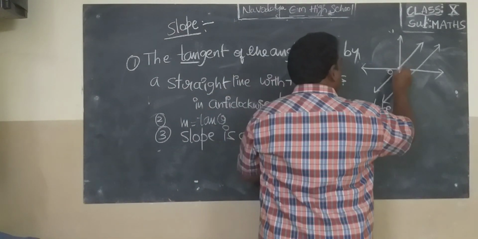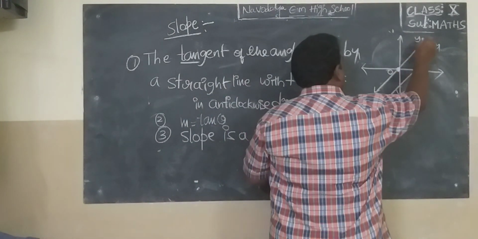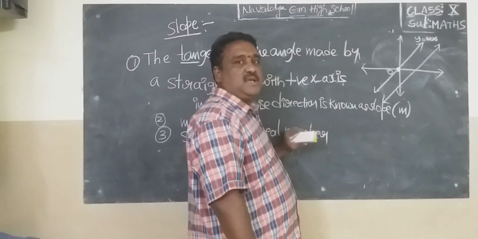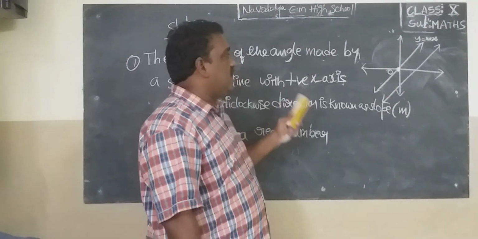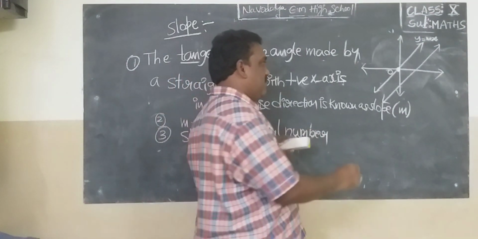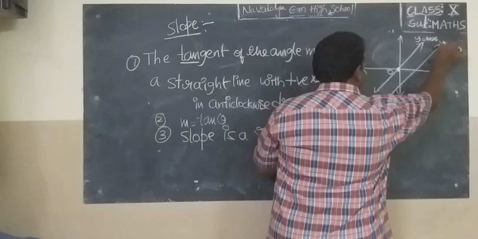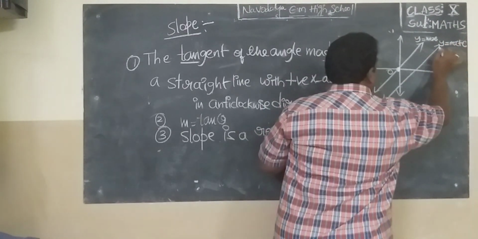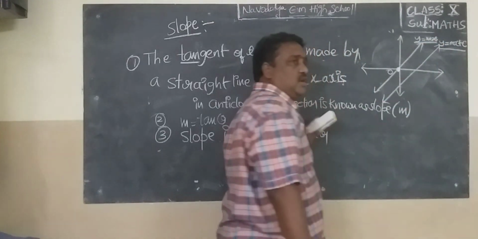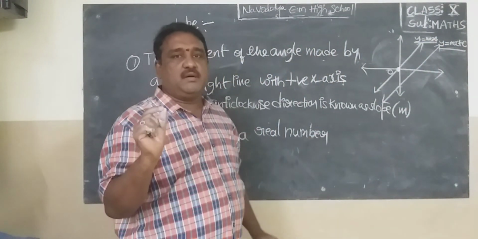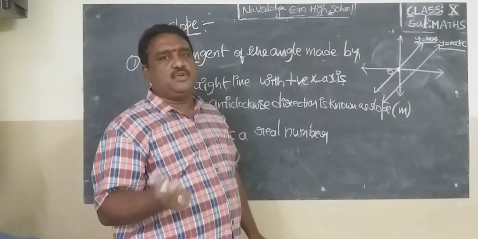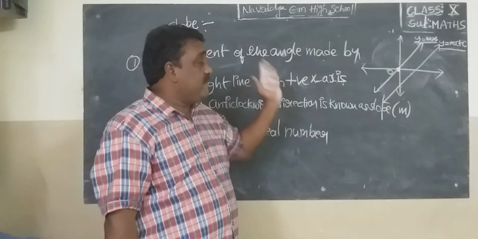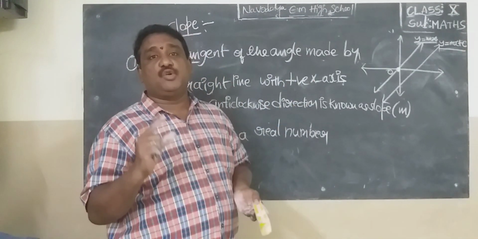The lines which pass through origin are in the form of y equal to mx. The lines which do not pass through origin are in the form of y equal to mx plus c. The two lines in the diagram are parallel to each other because their slopes are equal. The first line passes through origin, the second line does not.